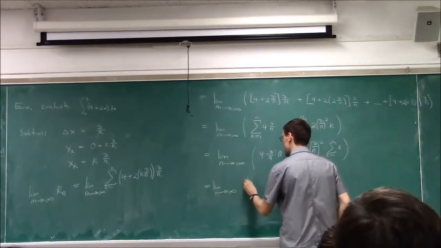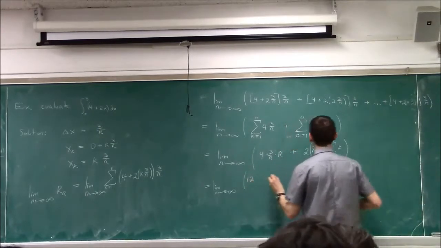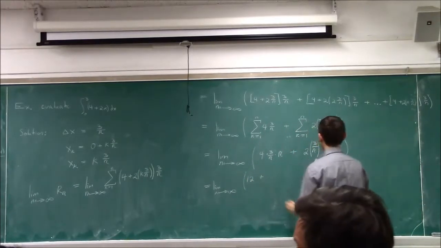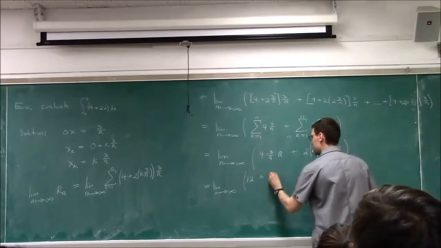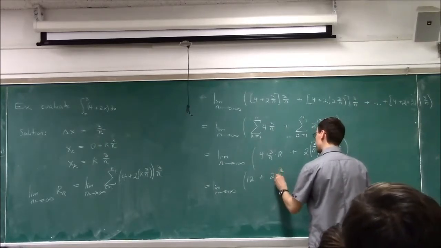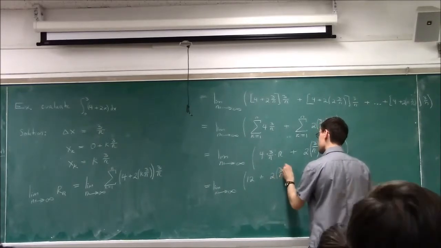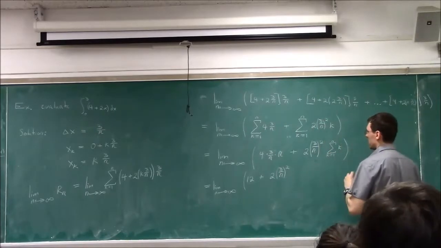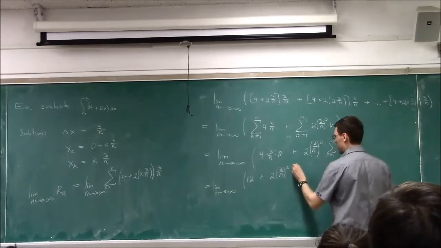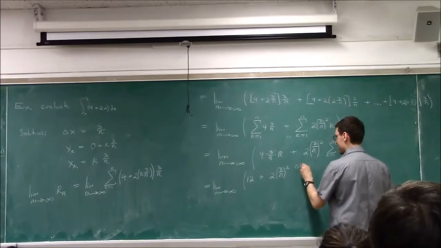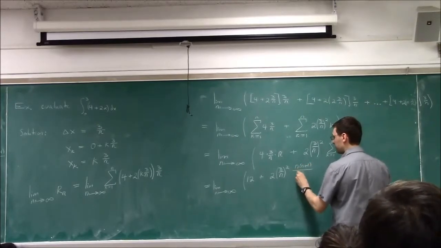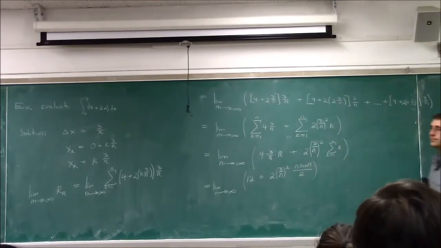So this is 12 here, plus 2 times 3 over n squared, times the summation of k, which is n times n plus 1 over 2.